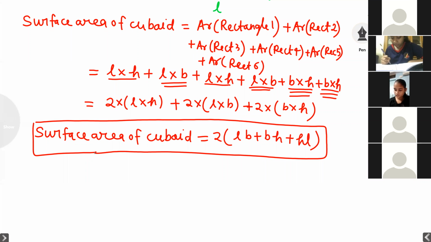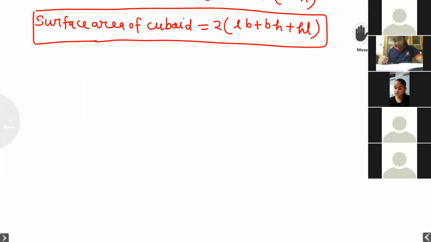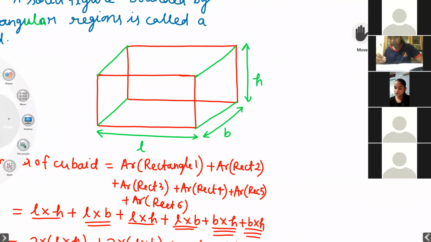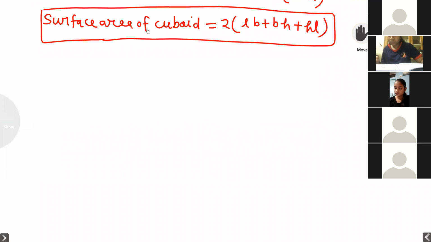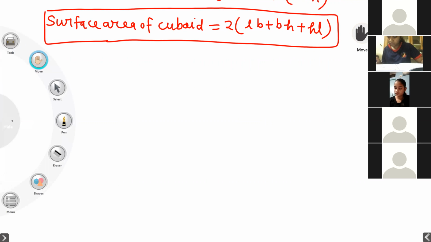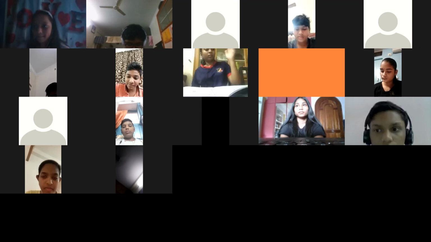Next key heading, cube. Now I want to ask this question: what is the difference between cube and cuboid?